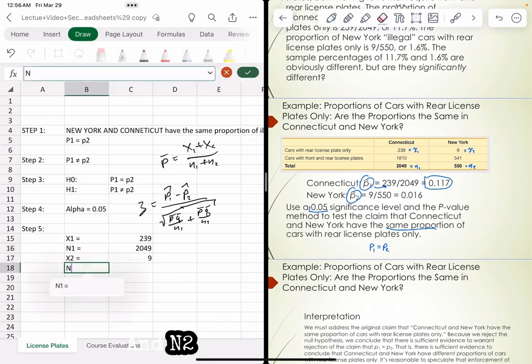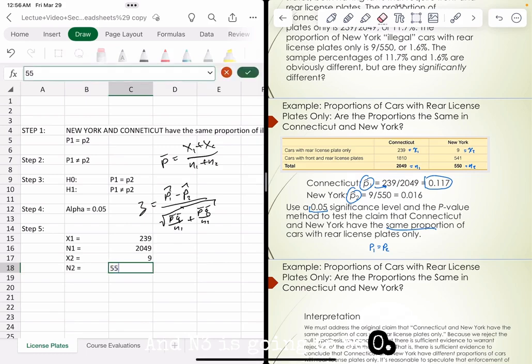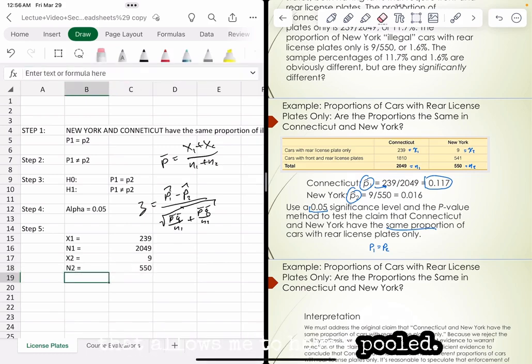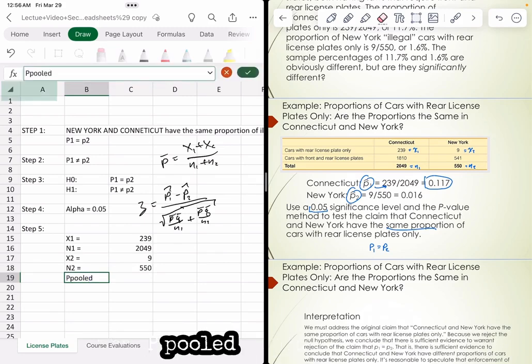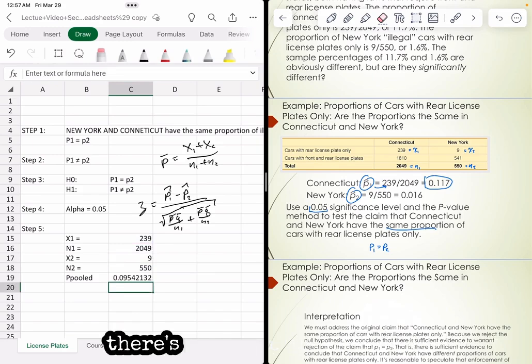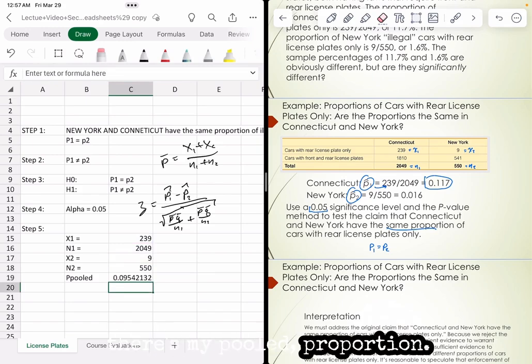And N2 is going to be 500. Great. That allows me to have P pooled. P pooled is X1 plus X2 divided by N1 plus N2. Enter. There's my pooled proportion.